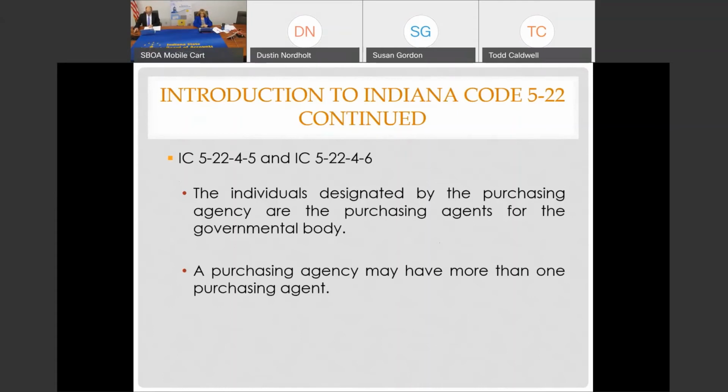A purchasing agent is an individual or individuals authorized by the purchasing agency to act on their behalf. The statutes in this slide provide that the individuals designated by the agency are the purchasing agents for the governmental body, and a purchasing agency can have more than one agent.